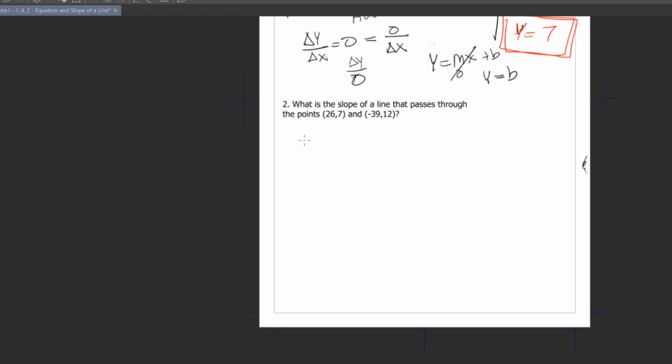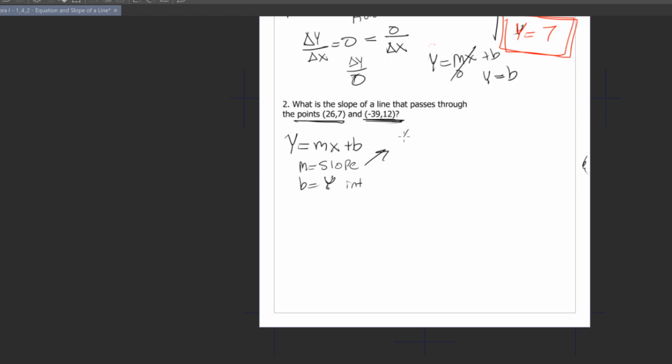What is the slope of a line that passes through the points 26, 7 and negative 39, 12? So again, let's look at standard format. y equals mx plus b, where m is the slope, b equals the y-intercept. So we have 2 points. Let's solve for slope, right?